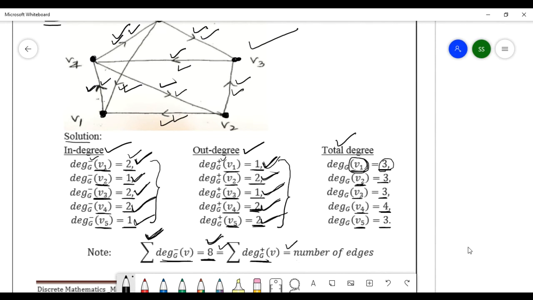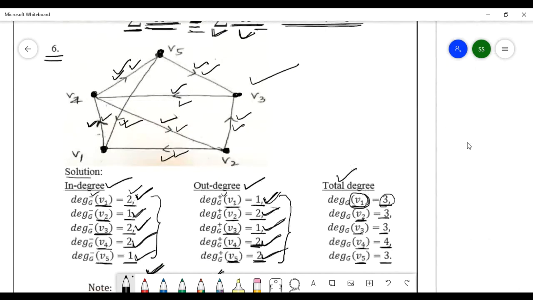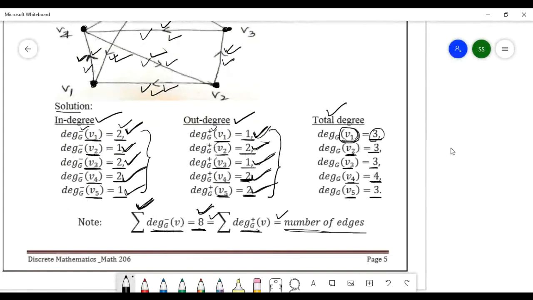And it is equal to the number of edges. Count the edges here. See this: 1, 2, 3, okay, 4, 5, 6, 7, and 8. Total 8. So the number of edges is 8.